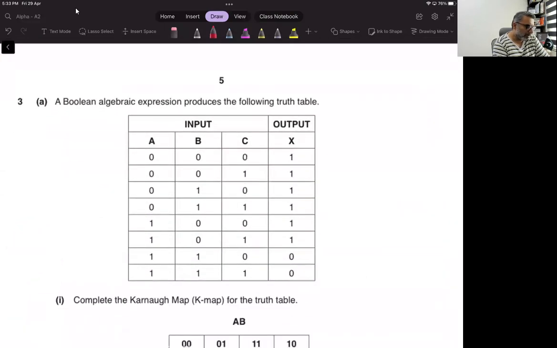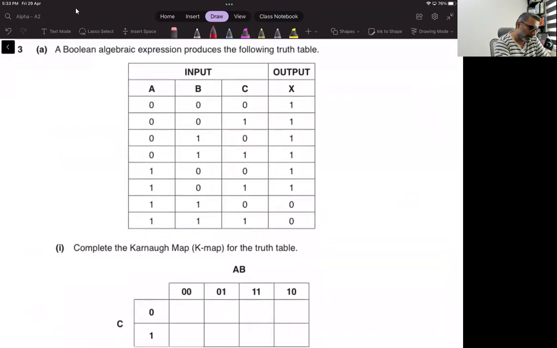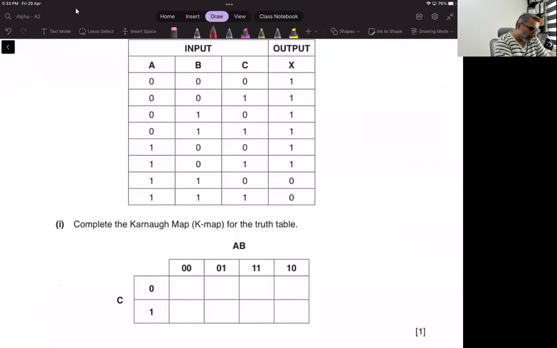A Boolean algebraic expression produces the following truth table. Okay, so we have all ones here. So this is A naught, B naught, C naught: 0, 0, 0. This is 0, 0, 1.